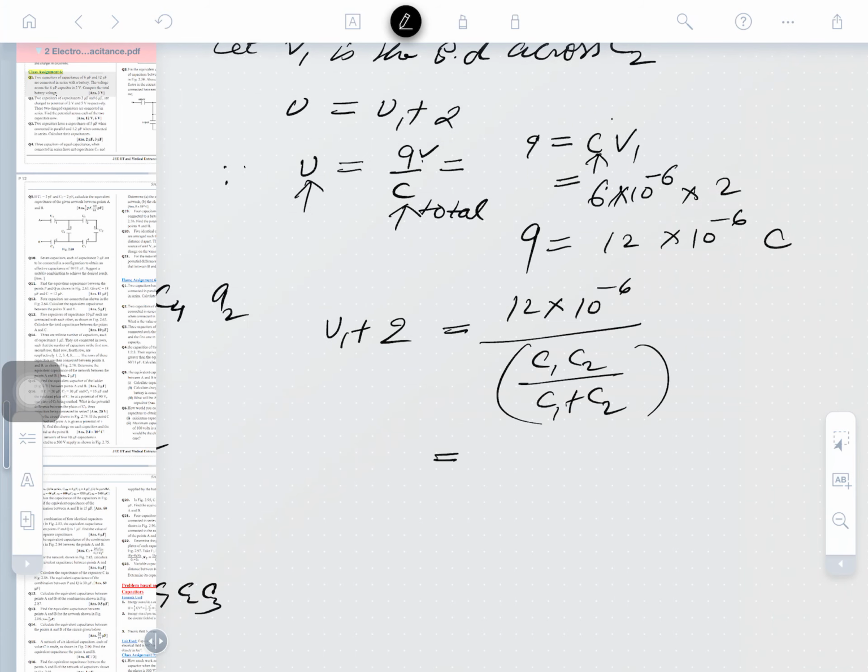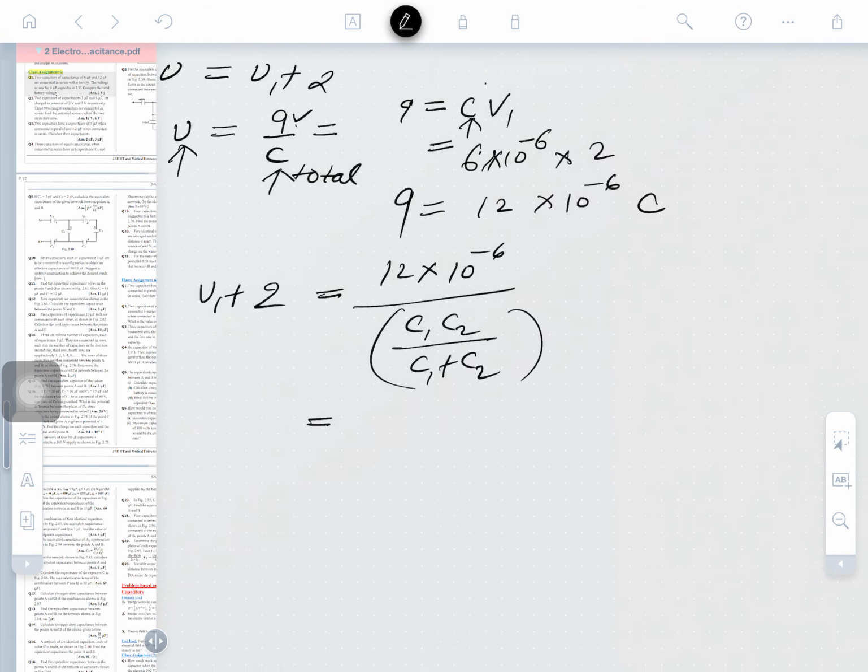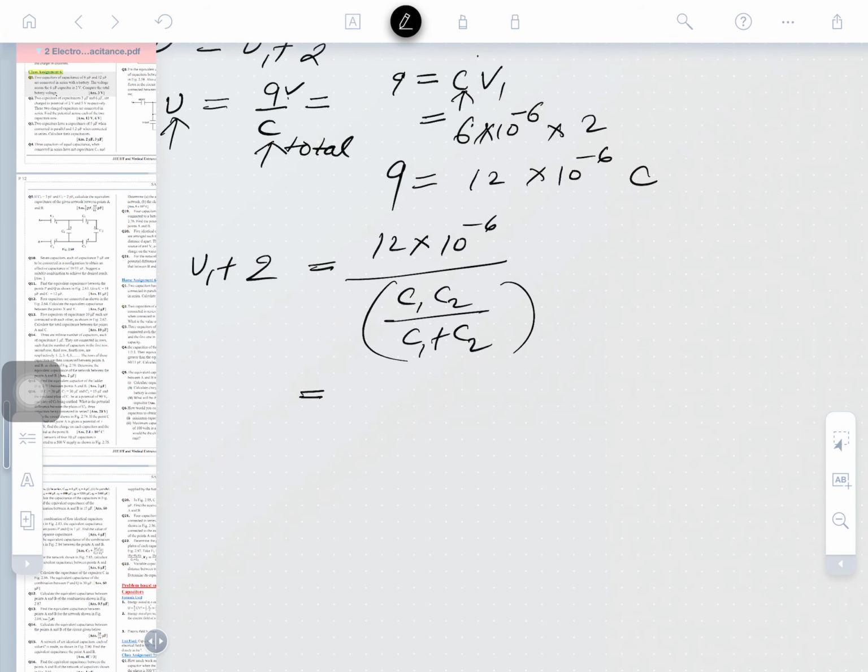The capacitances are 12 and 6, always in microfarad. So 12 into 6 divided by 12 plus 6, which is 18. 3 sixes are 18, and 4 threes are 12. Clear, guys? So it will be 4.